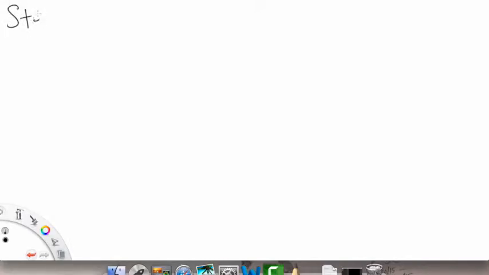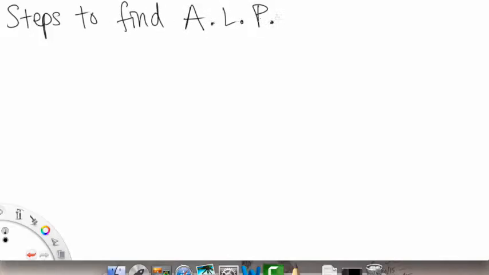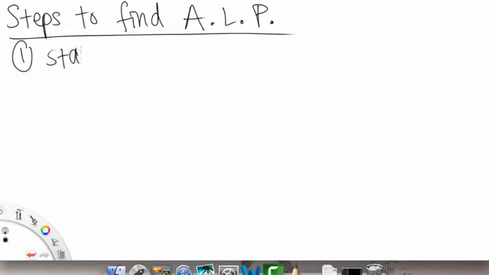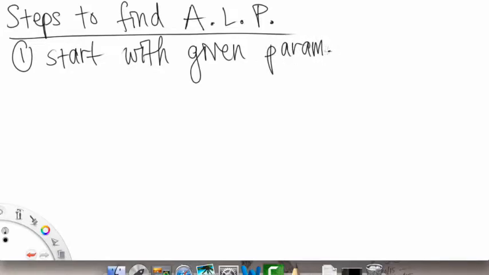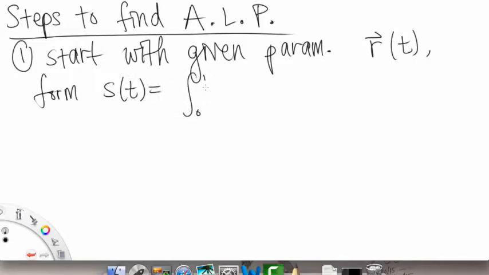So here are the steps to find an arc length parameterization, ALP. The first thing we're going to do is start with the given parameterization. And again, I'm just going to use r arrow of t. What we're going to do is form our arc length function. So s of t is equal to the integral from 0 to t of the magnitude of r prime of u du.